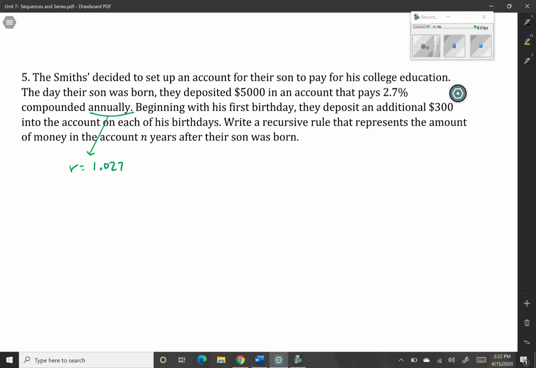The initial deposit was $5,000, and then every year after that, they add another $300. So year 1, they have $5,000. Year 2, they're going to put $300 in, and they're going to add that to the previous year's value, 5,000 times 1.027.